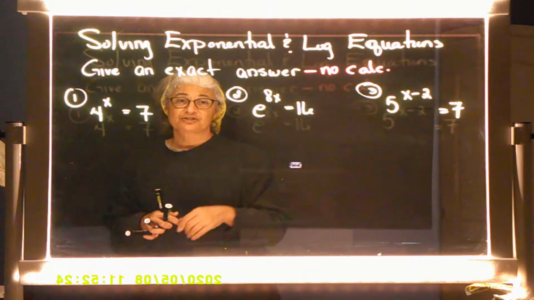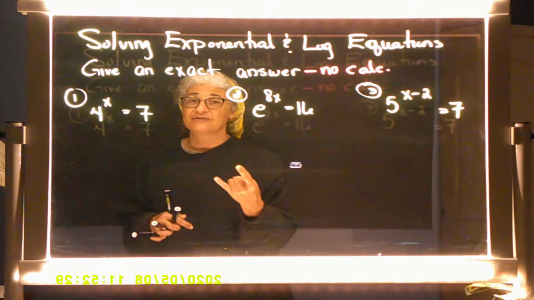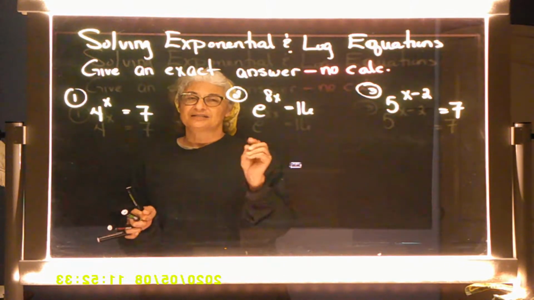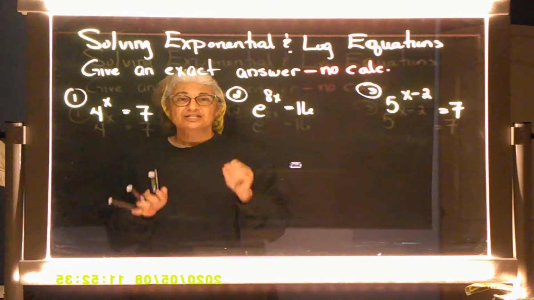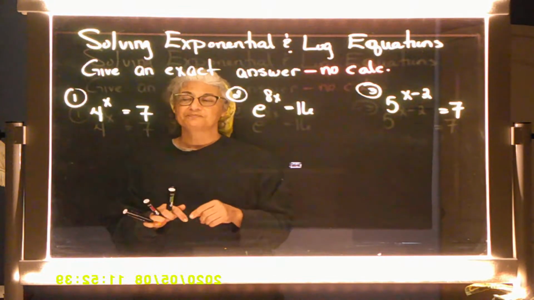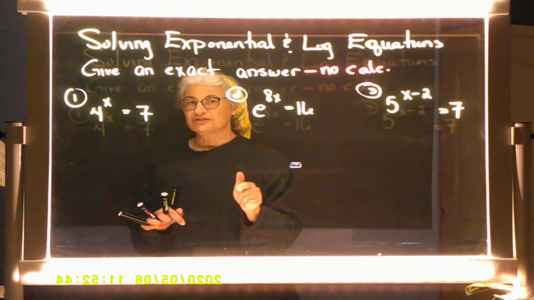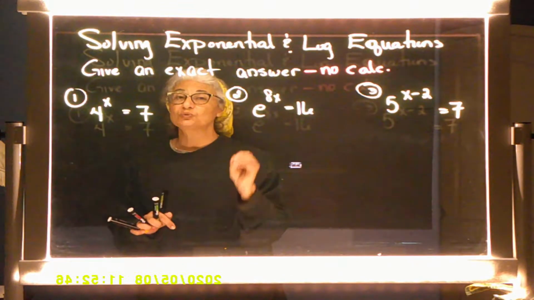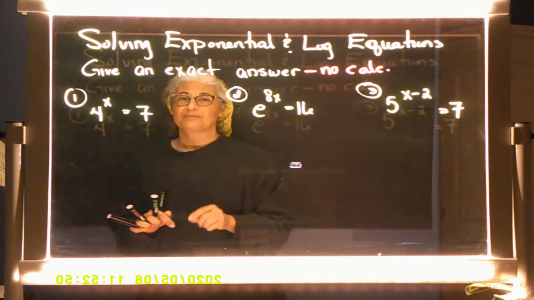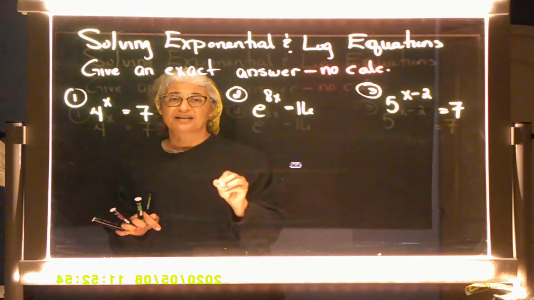It's a log function, because exponential functions and log functions are inverses of each other, which means they will cancel each other out. Just like addition cancels subtraction, just like multiplication cancels division, right? Okay, but remember, exponential functions and log functions are inverses of each other only if the bases are the same. Only if the bases are the same.